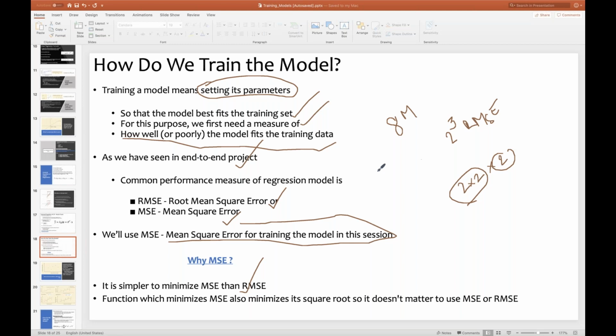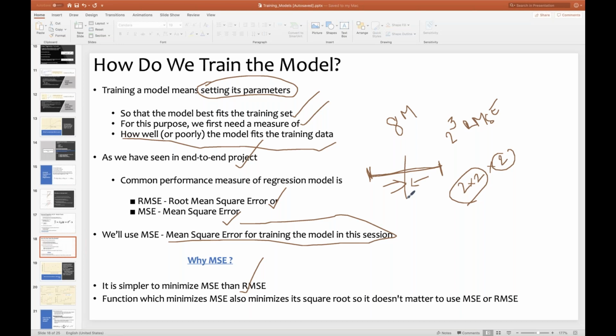The other way of telling it is the distance from this point and the distance to this point is the same. From here and from here, the distance is the same. When I say the distance from this point to this point is the same, that is called Euclidean distance. There's a formula called the Euclidean formula, which let's not go into, but the fundamentals from where MSE and RMSE came is this one.